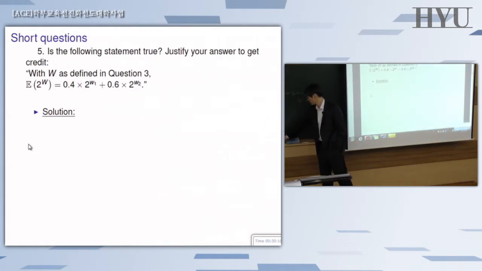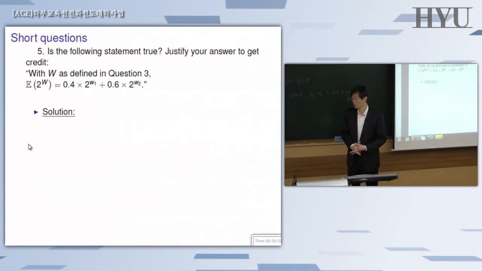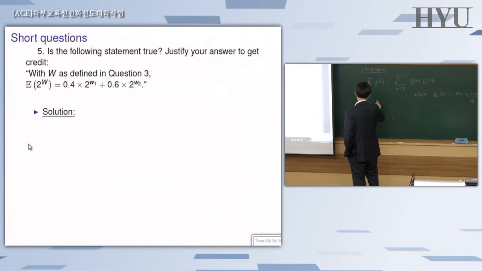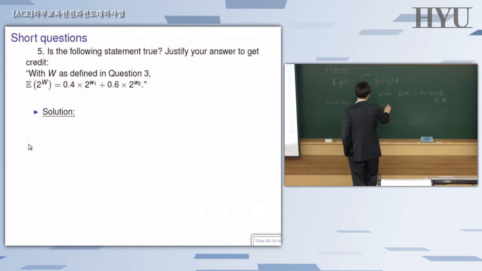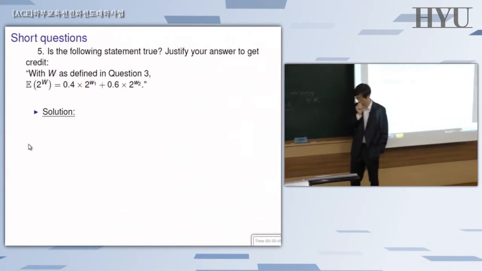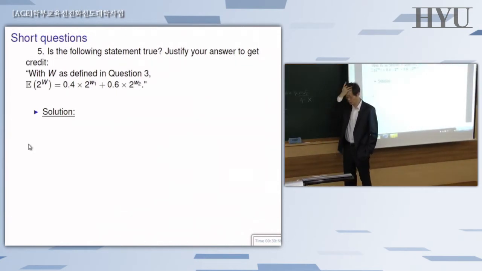PMF, probability mass function. Oh, by the way, midterm covers up until lecture note 6. 7 is not included. No continuous random variable stuff. So midterm, let me write, one through 6. 7 will be included by the final.